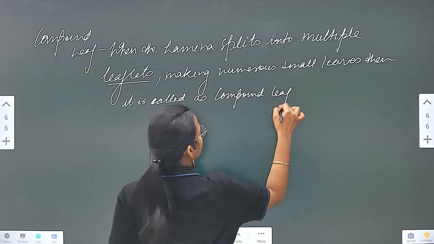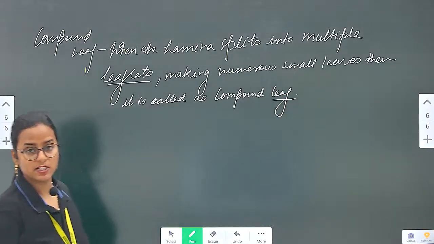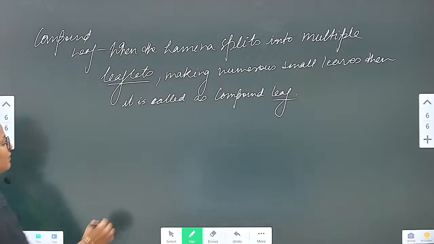Is that clear, my dear students? Then it is simply called a compound leaf, as we already discussed.